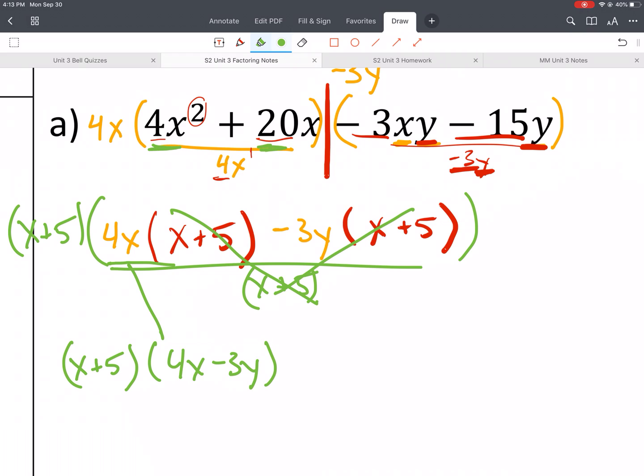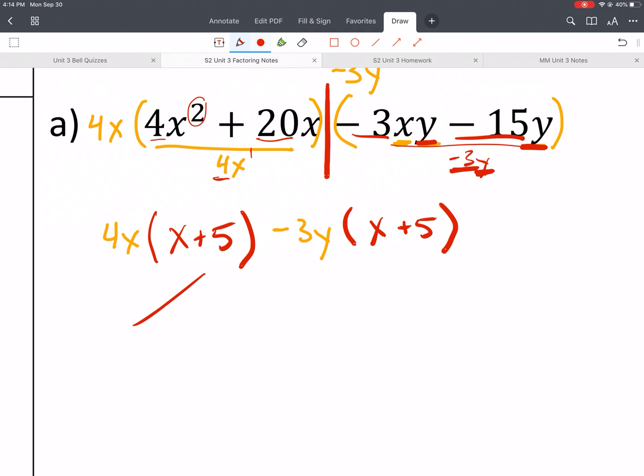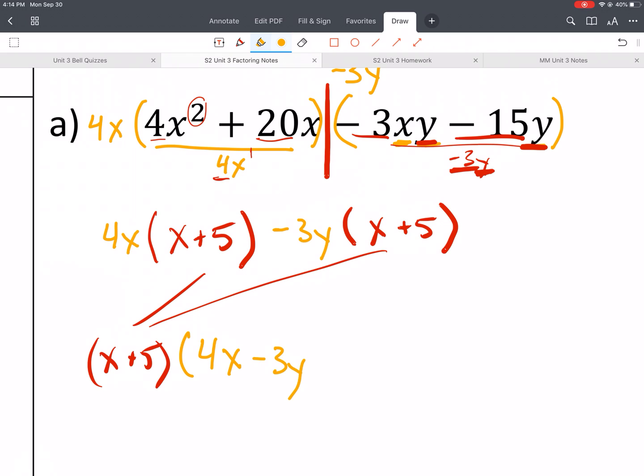Okay? That's the same thing we did before when we had two terms on that side. Now we have 2 terms, and we just do the same sort of thing. This is one of the things I told the students: as long as you know what you're doing, we can just factor this out, x plus 5, and everything else will go in our other parenthesis, so 4x minus 3y.